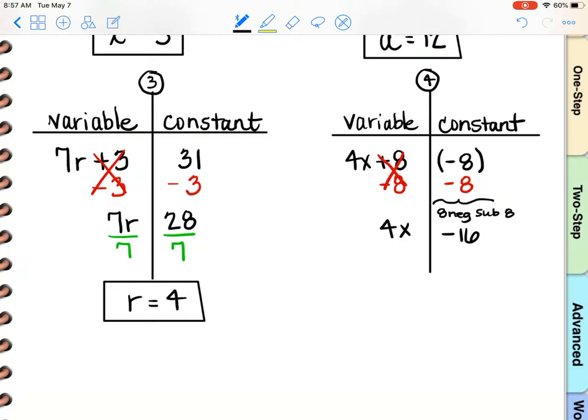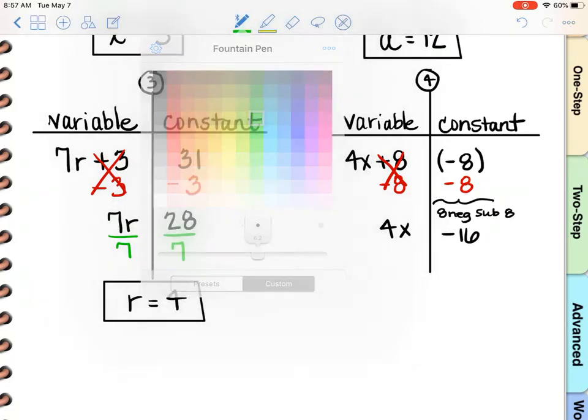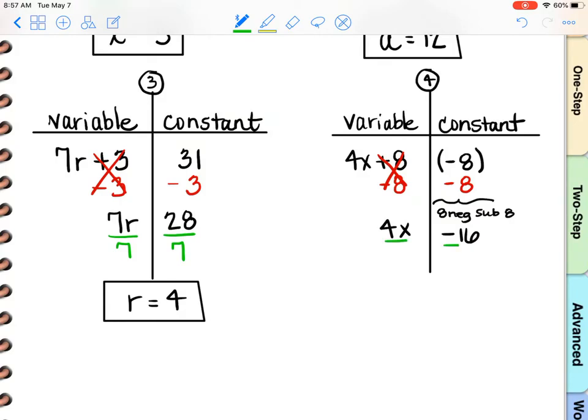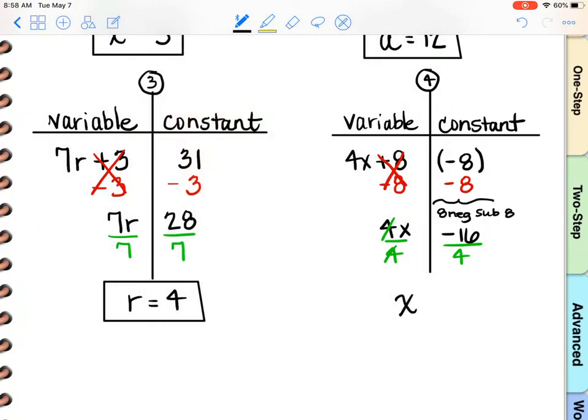And then here you have 4x. We need to divide away the coefficient. So we have x equals negative 4. If you want to put your parentheses on there, if that helps you, that is fine.